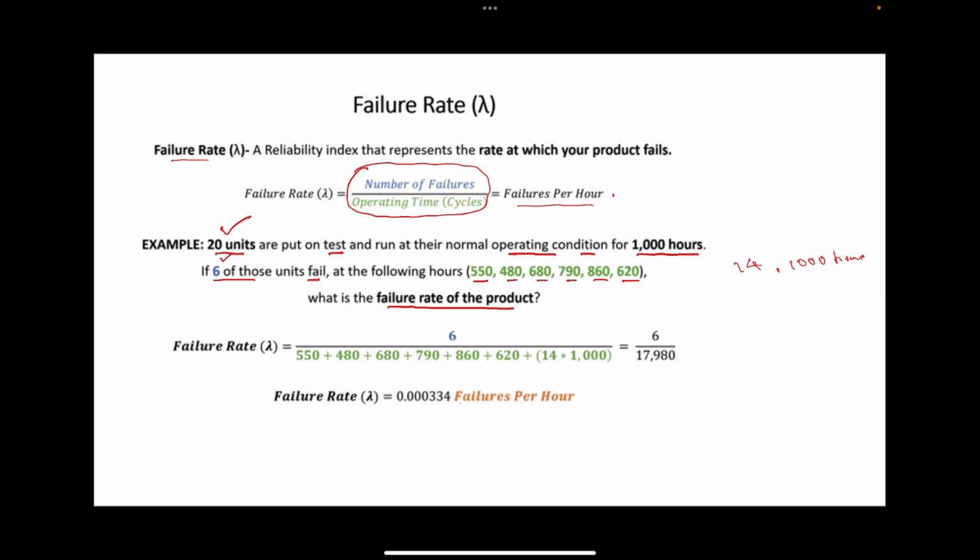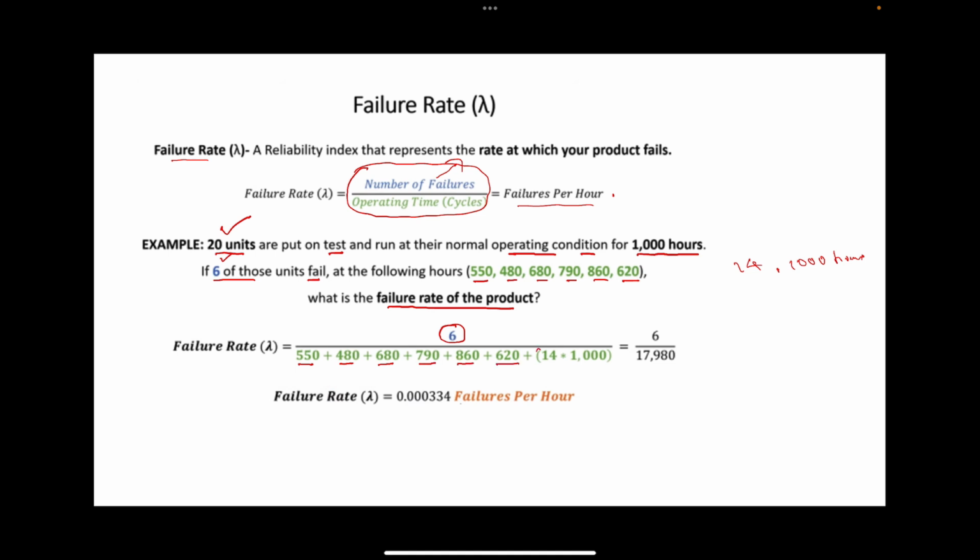To calculate the failure rate of the product, we use the formula: number of failures, which is 6, divided by the operating time of these 20 units. One unit failed at 550, another 480, another 680, another 790, another 860, another 620.